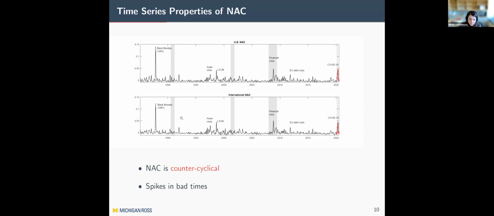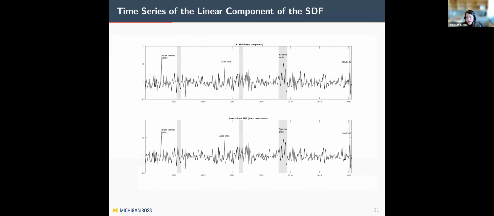So obviously you may be wondering, what does the time series of the linear component of the stochastic discount factor look like? And in particular, does it have some properties that you would want it to have, especially if you were to think about intuitions from utility theory, for instance. And again, we find that the linear component of the stochastic discount factor is also going to be positive and large during financial distress periods, especially when the marginal utility of investors is also going to be high, right?